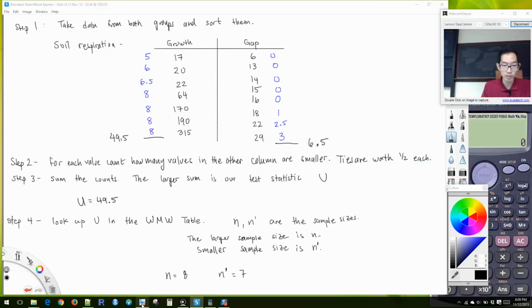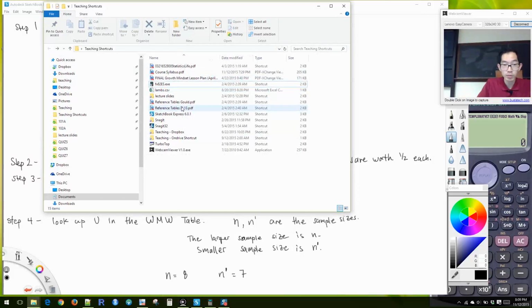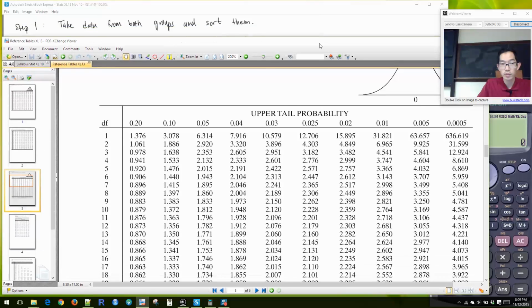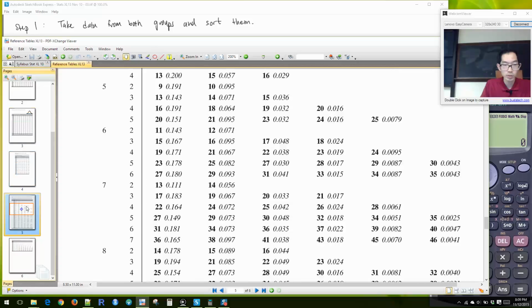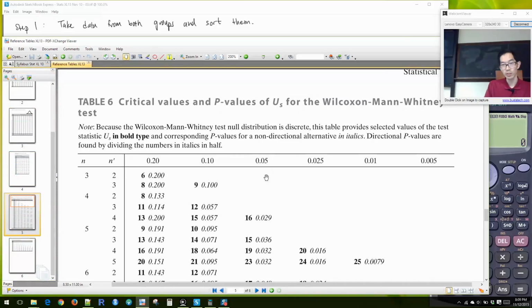So let me reference tables. Okay, so here's our Wilcoxon-Mann-Whitney table.